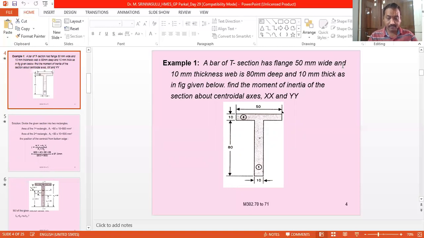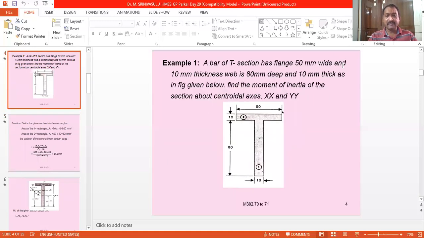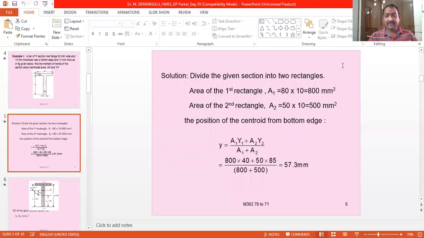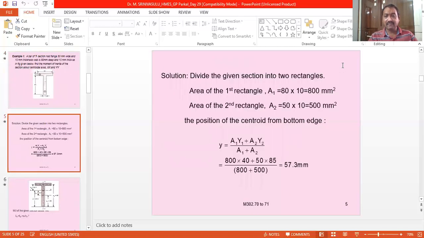Then the area of the rectangle 1, A1 is equal to 80 into 10, that is 800 square mm. The area of the rectangle 2, 50 into 10, is equal to 500 square mm. Now the first thing is we have to find out the y coordinate of the centroid, the y bar.